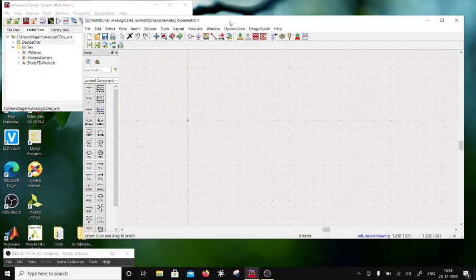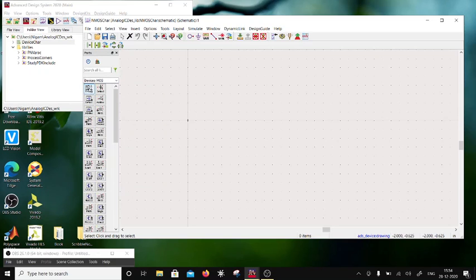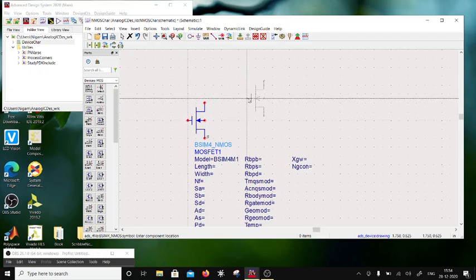So I'm going to use a BSIM4 model. So I'll go to devices MOS, and the 8th row from the top is a BSIM4 component. So this is a BSIM4 NMOS.